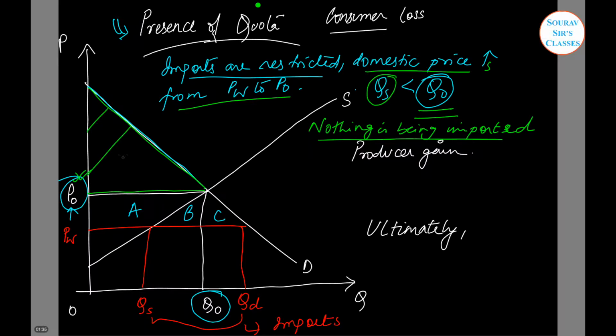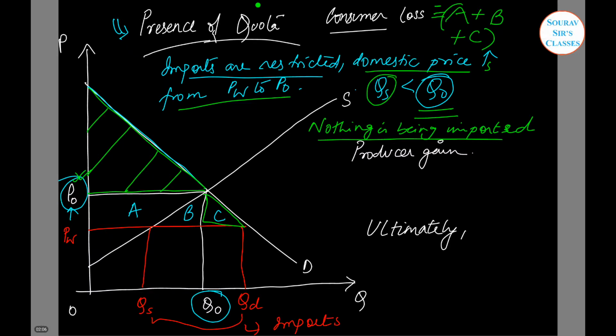So now the consumer loss is the area of the trapezoid A, plus the area of the rectangle B, and this part is also lost by the consumer, so plus C. So this is the ultimate loss to the consumer. Let me denote it with a negative sign in front.